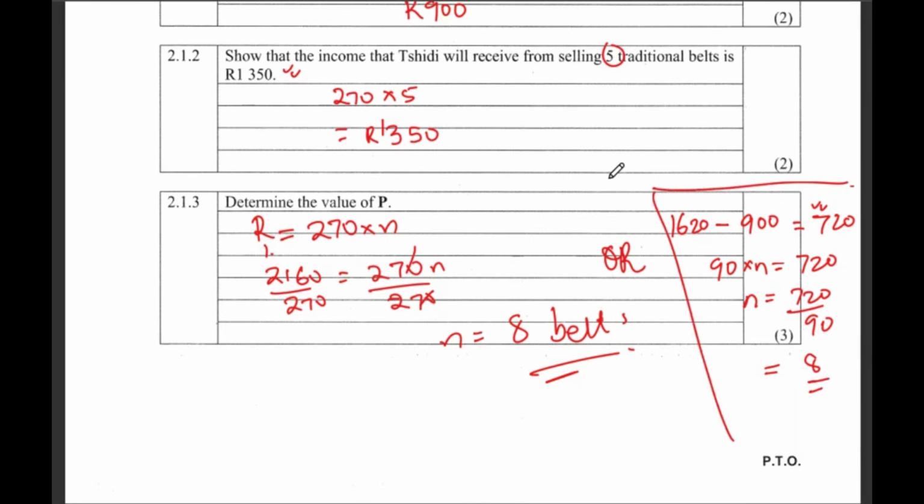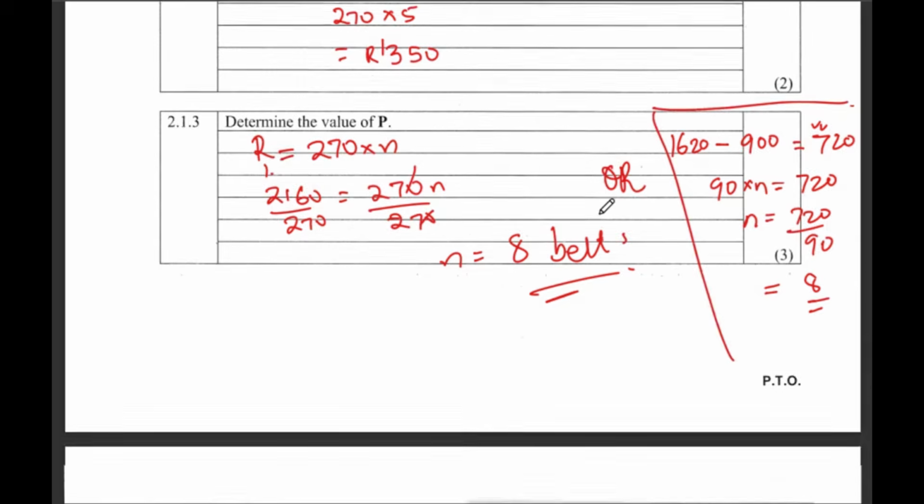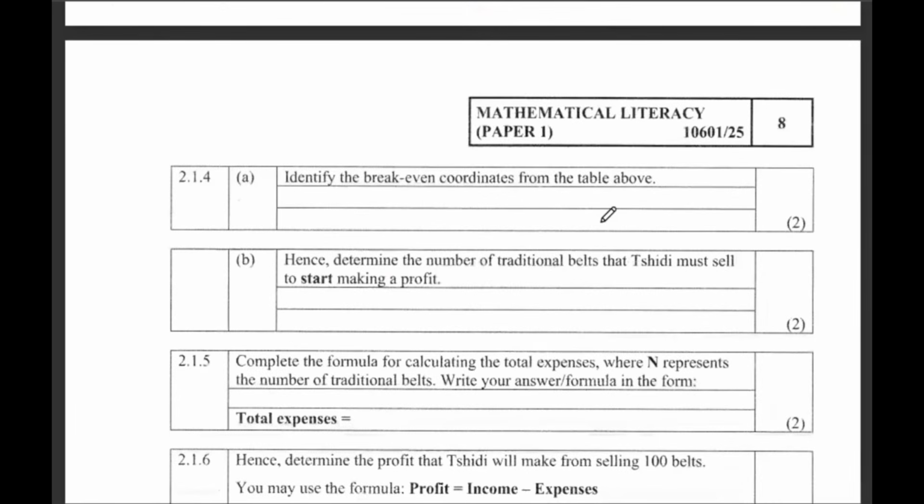All right, then we need to go to 2.1.4, identify the break-even coordinates from the table. And remember, break-even coordinates are basically coordinates whereby the income and the cost, or basically the revenue and the cost, will be the same.